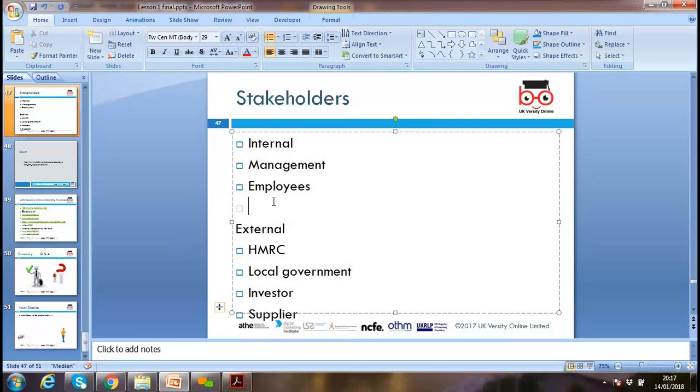HMRC, based on the financial statements, can decide how much tax we are supposed to pay. Yes, what are the tax liabilities? The local government looks at how well the company is performing within the local area. Investors can look at how much dividend the company is paying, the return on their investment. Suppliers can lend to us or supply goods on credit based on the company's performance.